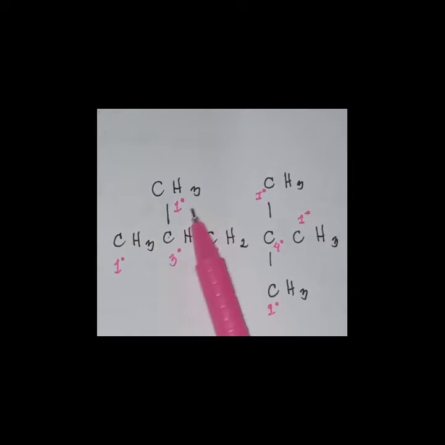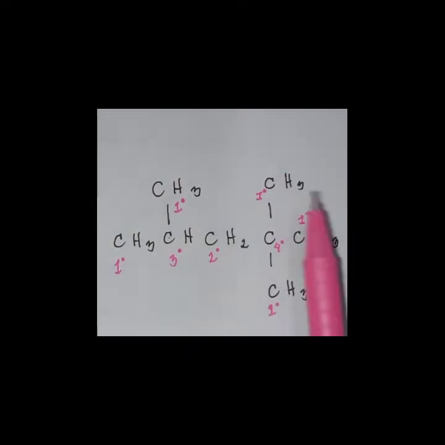CH3 is identified as a primary carbon because it is only bonded to CH. CH2 is identified as a secondary carbon because it is bonded to 2 carbon atoms. Next, we have carbon.